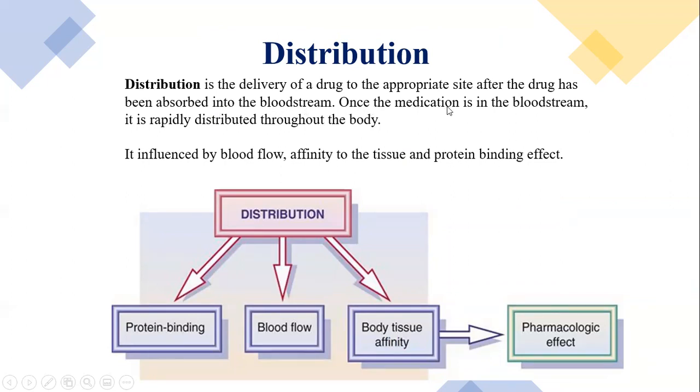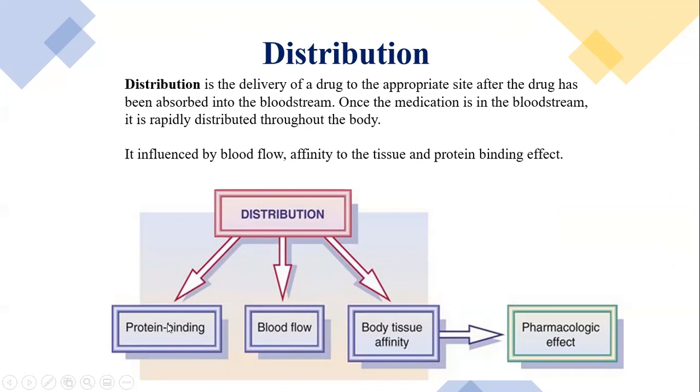Once the medication is in the bloodstream, it is rapidly distributed throughout the body. It is influenced by blood flow, affinity to the tissue, or protein binding effect. So distribution depends on protein binding.